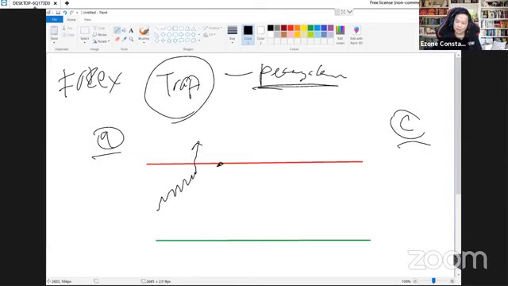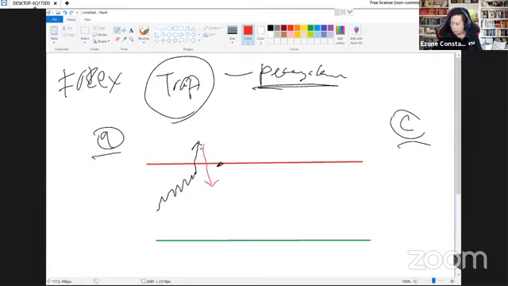Now let's talk about this situation, where the price is supposed to either continue going up high or retest back the zone. But what happened in this situation is the price failed to do this. Instead of breaking out of the resistance, the price reversed and closed below the resistance.